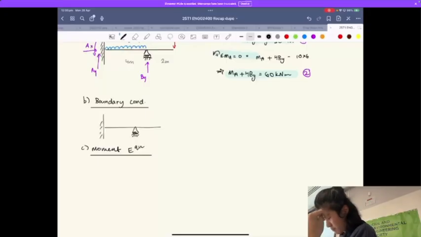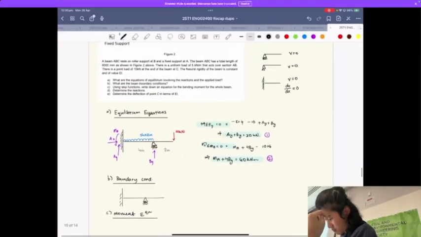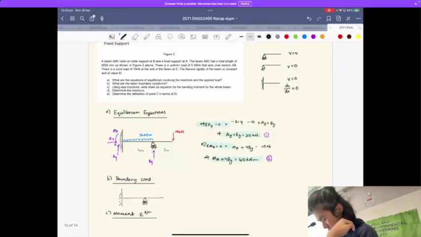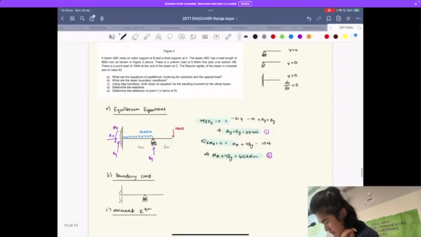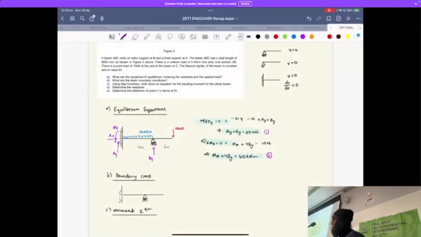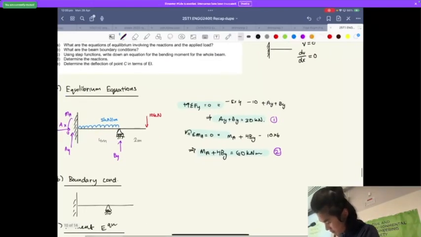Could you roll up again, please? For the moment around A, are you meant to include the load, 5 kilonewtons per meter times 4 meters? So it would be negative 20 times 2 as well. Yes, you are. Thank you. Should be 55.